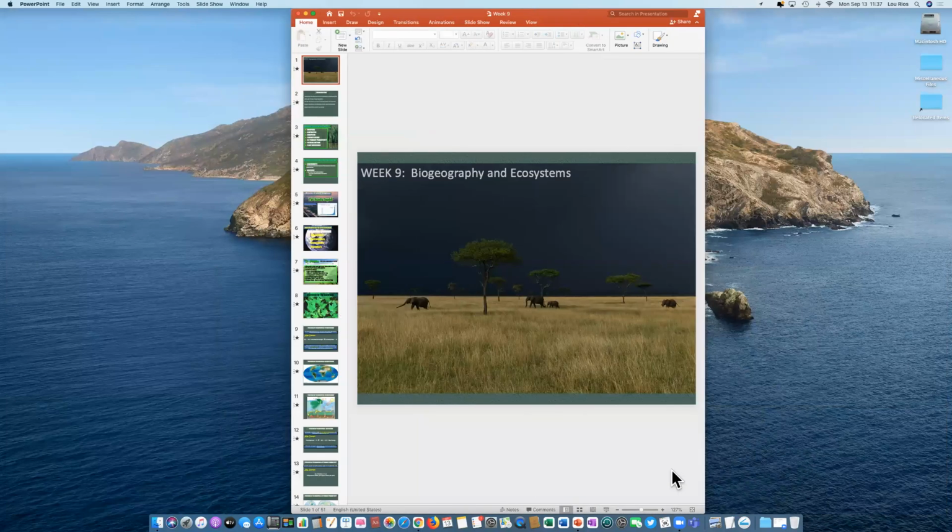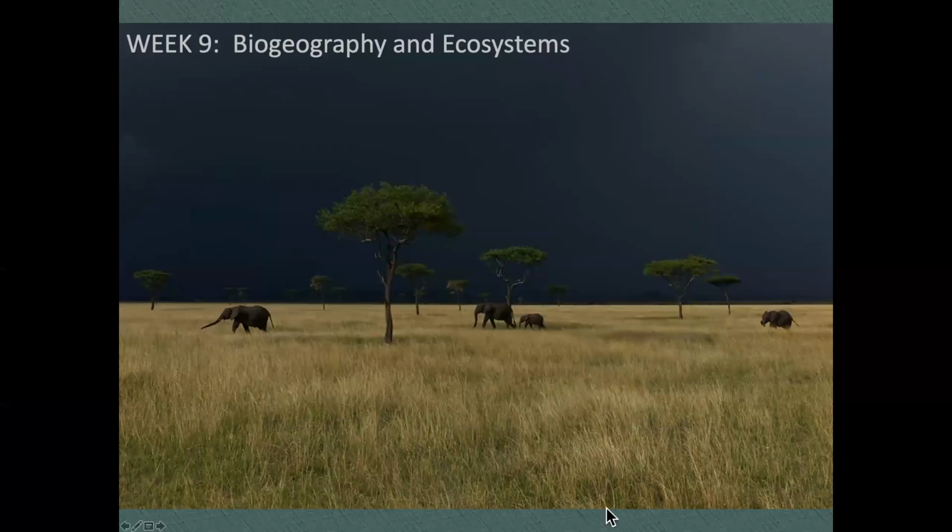So week 9, let's sort of put it into perspective here. Bioregions and biogeography and ecosystems. This image here, I love this image simply because it shows obviously a very dark rainy sky in the distance, but you see the fact that there is grass with a few trees. So clearly this climate is one that supports some vegetation, but not a tropical jungle.